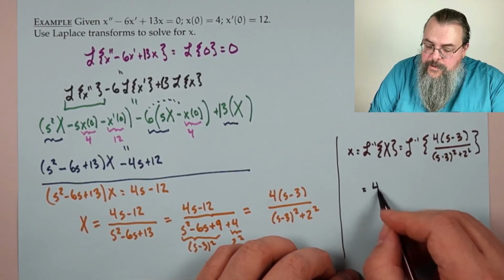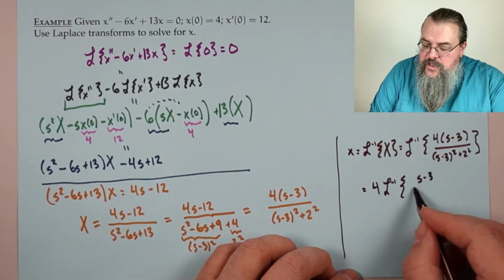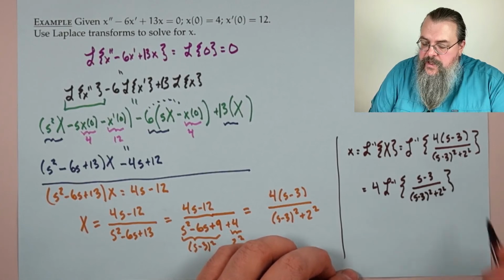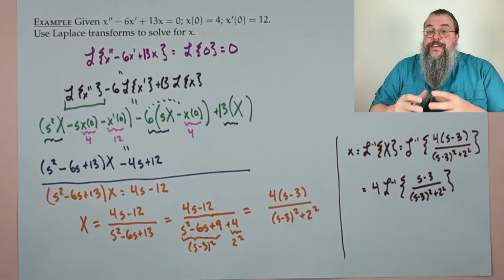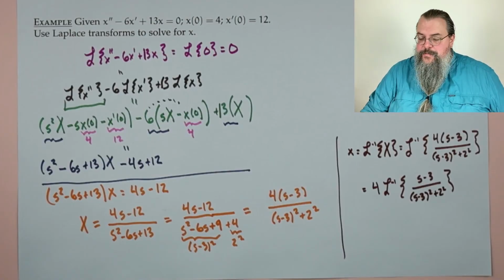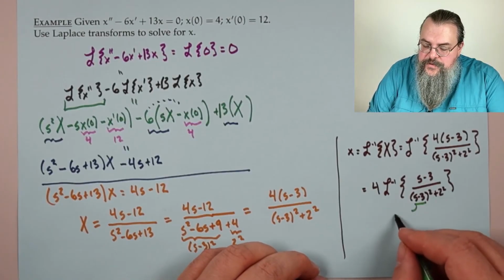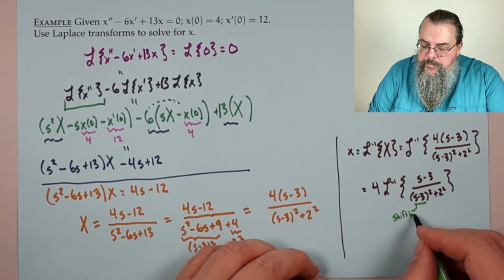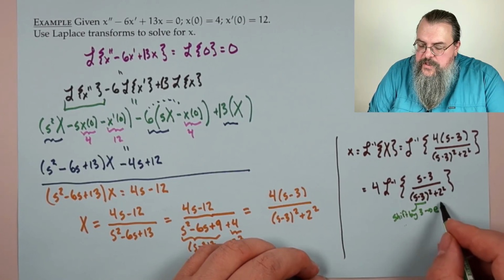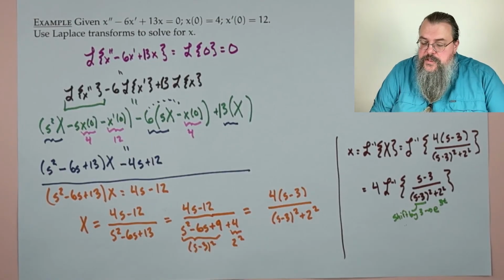So we have 4 inverse Laplace of s minus 3 over s minus 3 squared plus 2 squared. Since everywhere that an s occurs, it occurs as an s minus 3, that tells us something. So this s minus 3 here, that's our shift by 3. Well, that tells us that our answer is going to involve an e to the 3t.